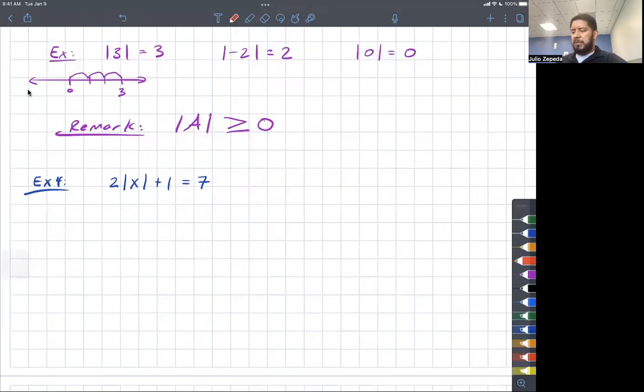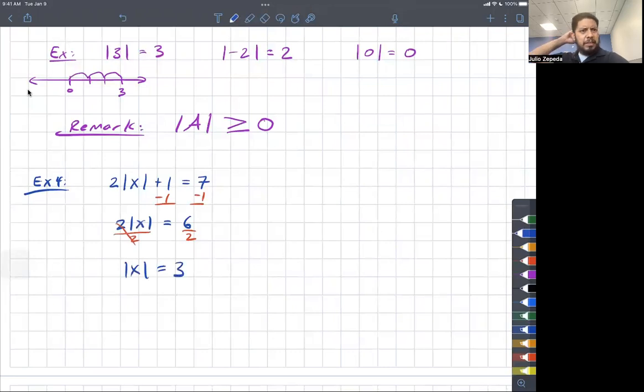Now, for many of these absolute value equations, we want to isolate the absolute value first. So we subtract 1 on both sides, and we have 2 times the absolute value of x is equal to 6. And then we need to divide by 2 on both sides. And that would give us the absolute value of x is equal to 3.